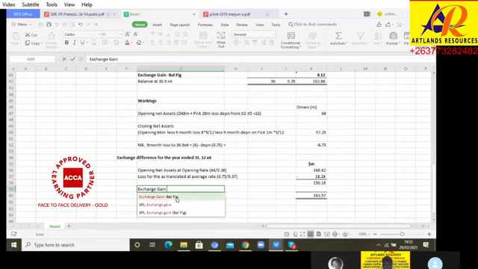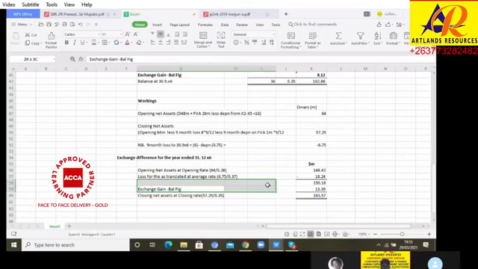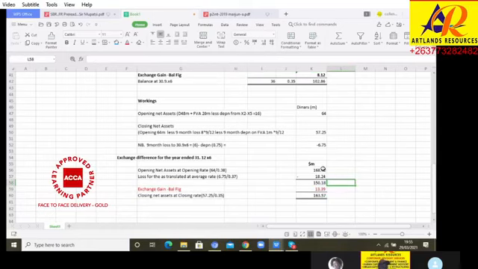It's a balancing figure. No wonder they say your answer should include exchange gain for the year. So this one is a balancing figure. Let me highlight in yellow and explain again. Your net assets were 168 million. You made a loss of 18, so they were supposed to be at 150.